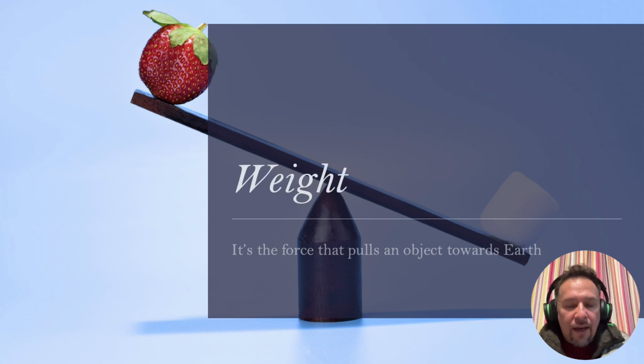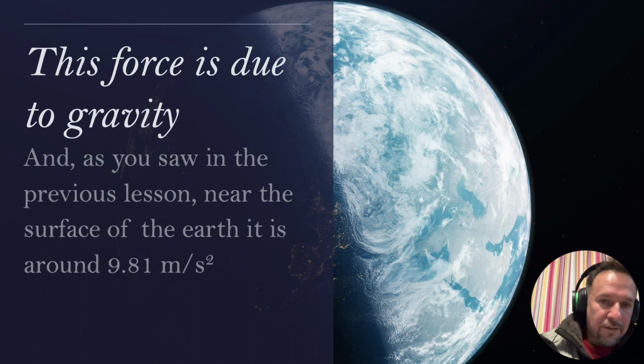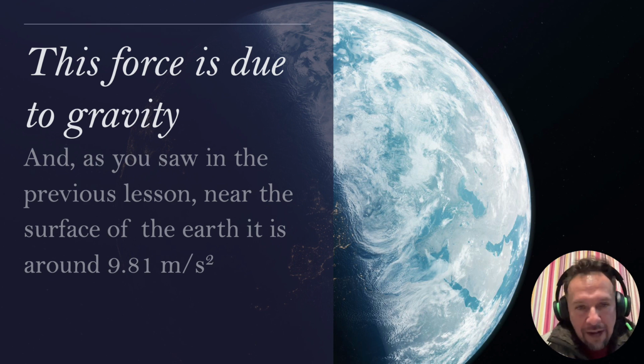Okay, so now a different concept that many times is confused with the mass is the weight. But, well, the difference is that the weight is just the force that pulls an object towards Earth. And, as you might have already guessed, this force is due to gravity.